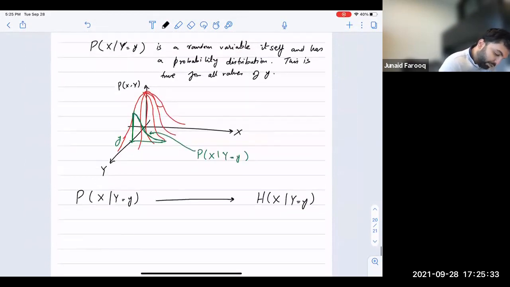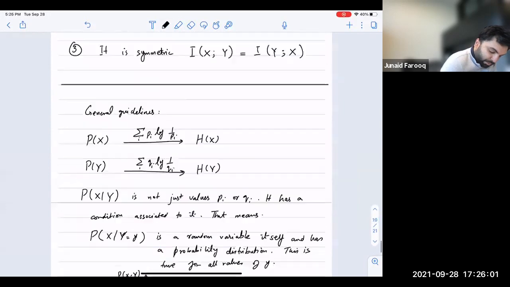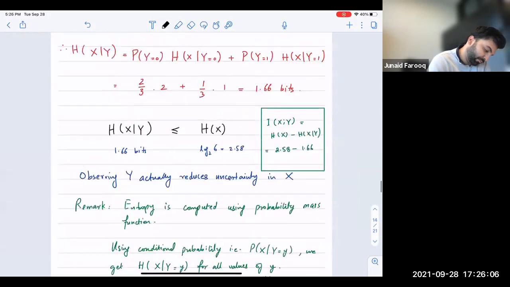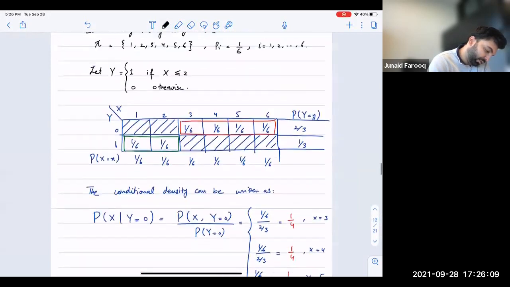Right, so how do you do it? You kind of average over all the y's. So it's log of 1 over probability, right? So you have a conditional probability, just as we did here.